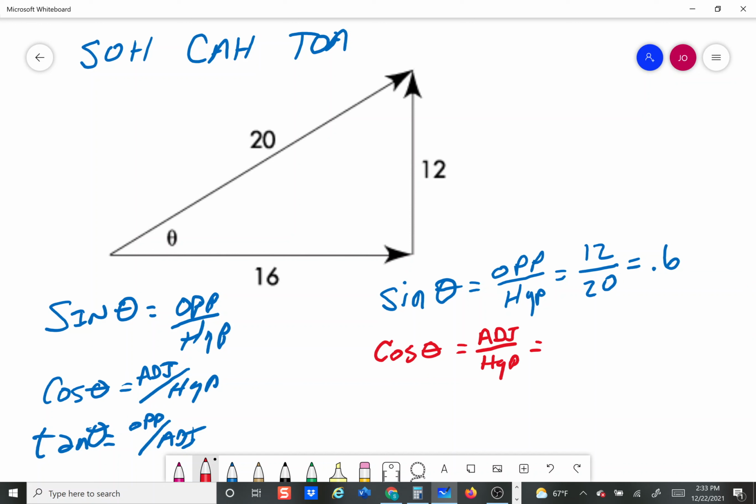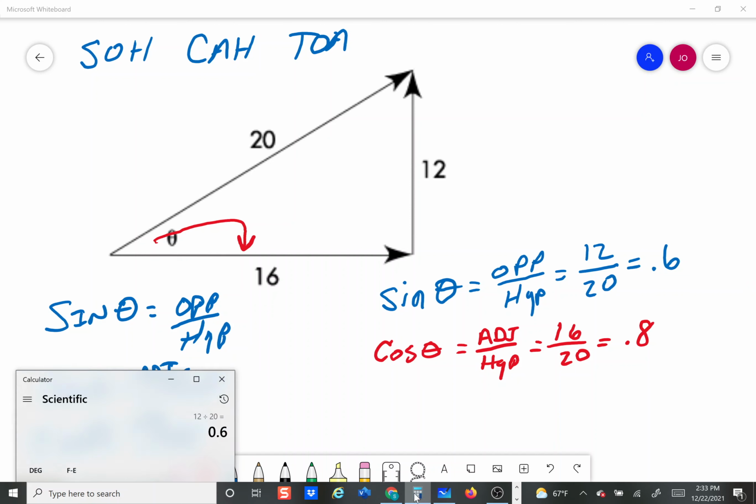In this case, the adjacent side is the side that touches theta, but is not the hypotenuse. So in this case, it is 16 over 20. That should be 80%. Let's get out our calculator though, prove it. 16 over 20. And there we got 0.8. So we're good so far.